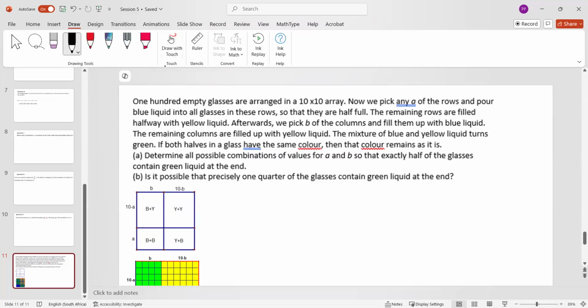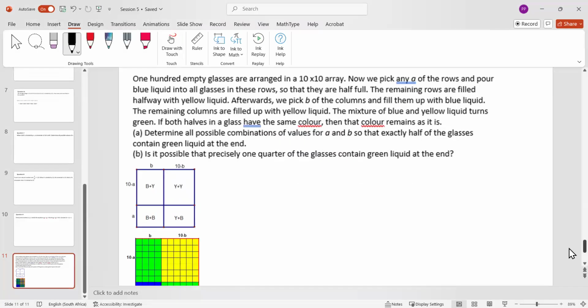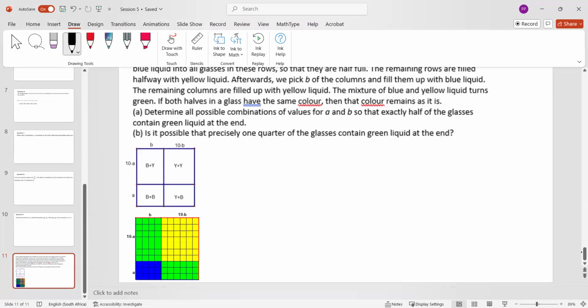You've got 100 empty glasses arranged in a 10 by 10 array. Okay, I'm going to just go down here a little bit. Yeah, this is a 10 by 10 array.